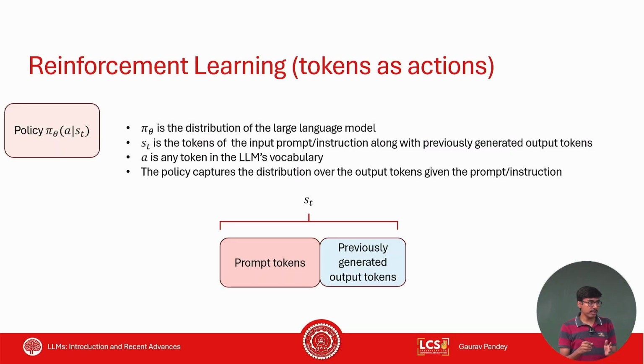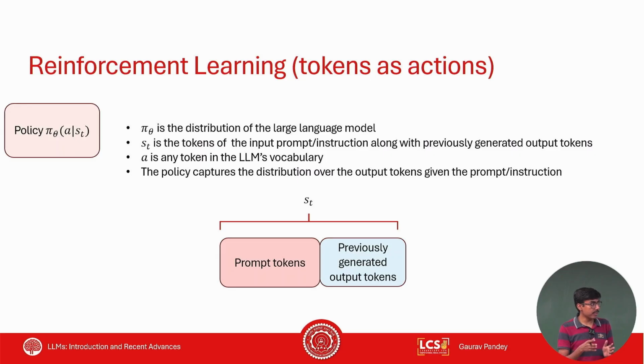So the policy, we have talked about that the agent takes an action, but where does the action come from? In the case of a language model, the action comes from a probability distribution that the agent has, and that probability distribution is the one that your LLM encodes, right? An LLM corresponds to a distribution over tokens at every time step. So pi theta is the distribution of the LLM.